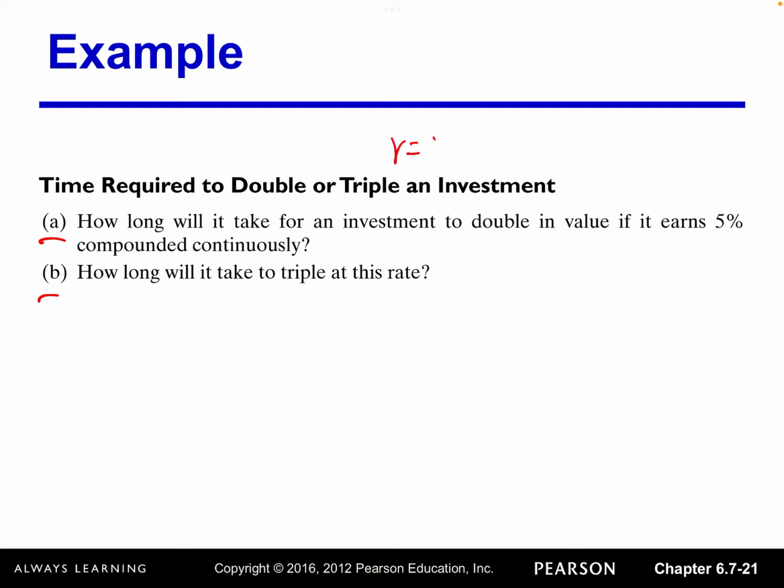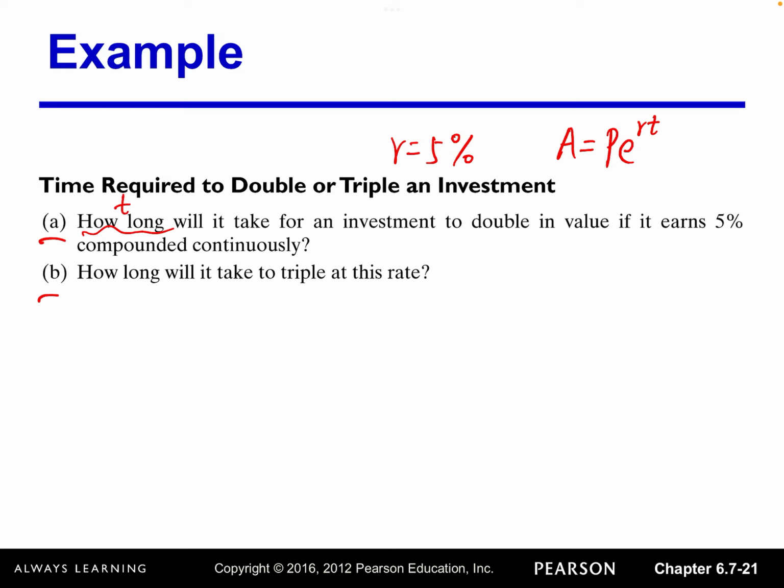So the rate is 5%. Compounded continuously, we use the formula A equals P times e raised to the rt power. So how long, we're actually looking for t. t is the unknown variable.